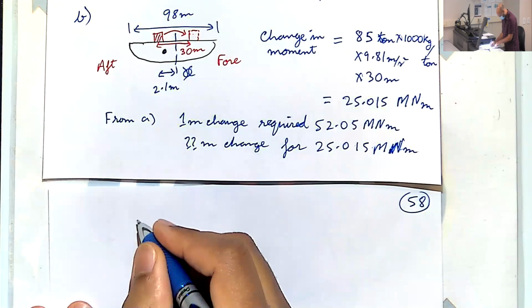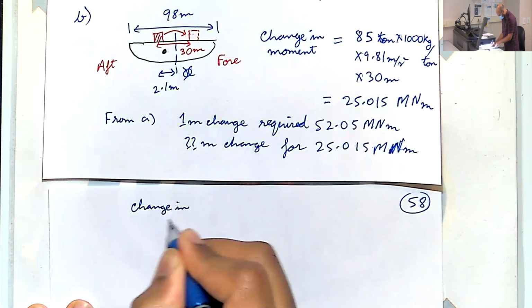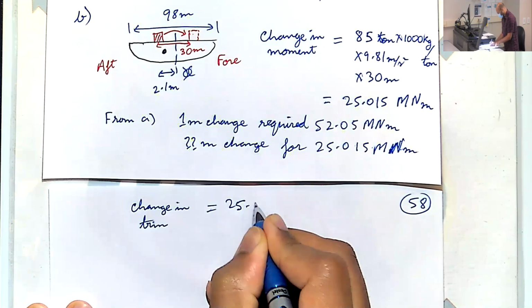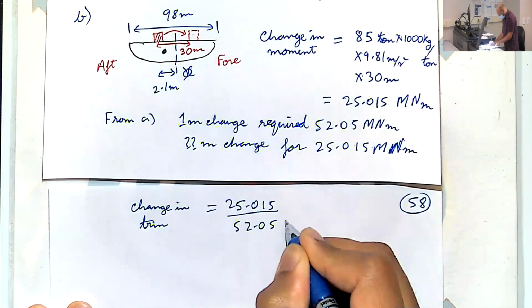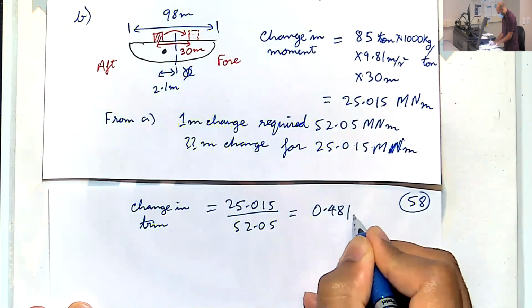Okay. So change in trim is basically 25.015 divided by 52.05. You end up with 0.481 meters.